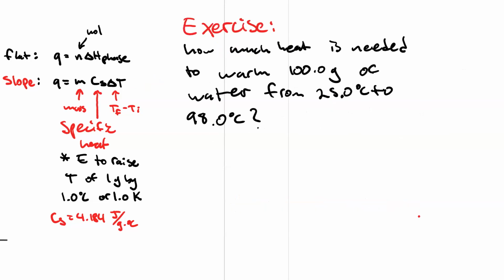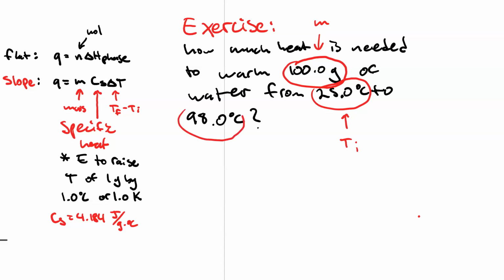So first thing we should do is make sense of all the information that we were given. 100 grams, that's clearly the mass. 25 degrees Celsius, that's the initial temperature. 98 degrees Celsius is the final temperature.